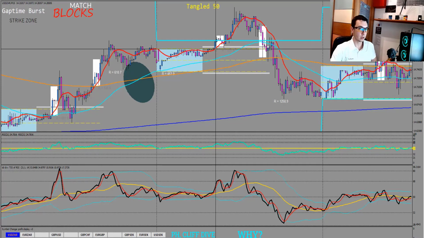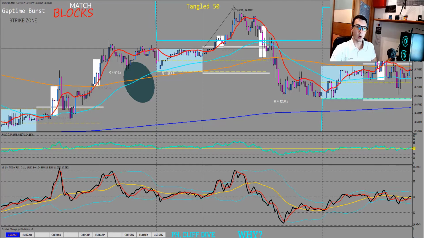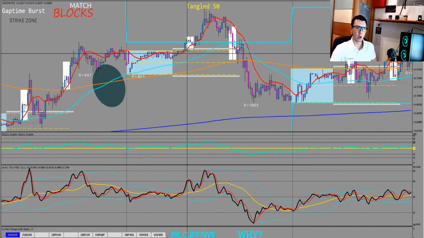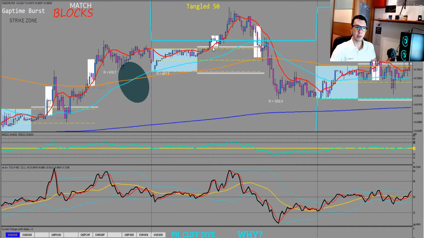And market makers coming out of the London session showed them exactly that, a long move. They did a lot of blue candles, introducing the traders first thing in the morning to buy it, and then they did this little formation right here where they trapped everybody.